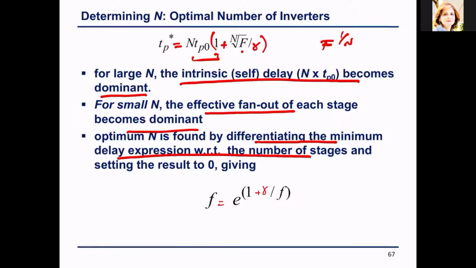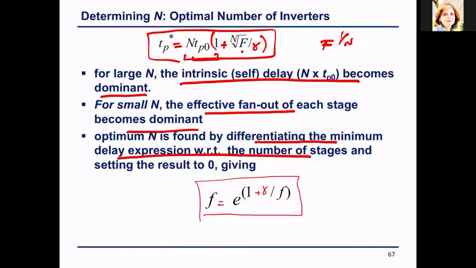Fine. That's a solution that we're not going to derive mathematically. He took this expression, differentiated with respect to n, and found that the differentiation gives this relation. But what this tells me is that we're going to take two values as a rule of thumb.